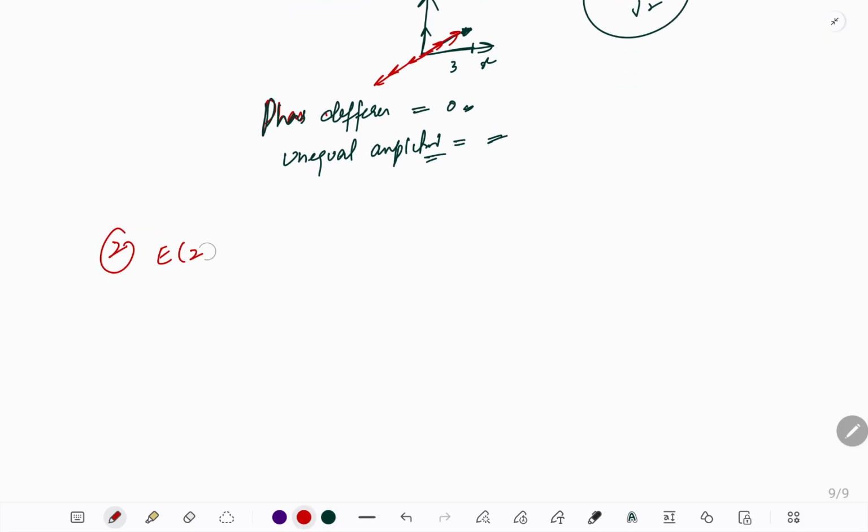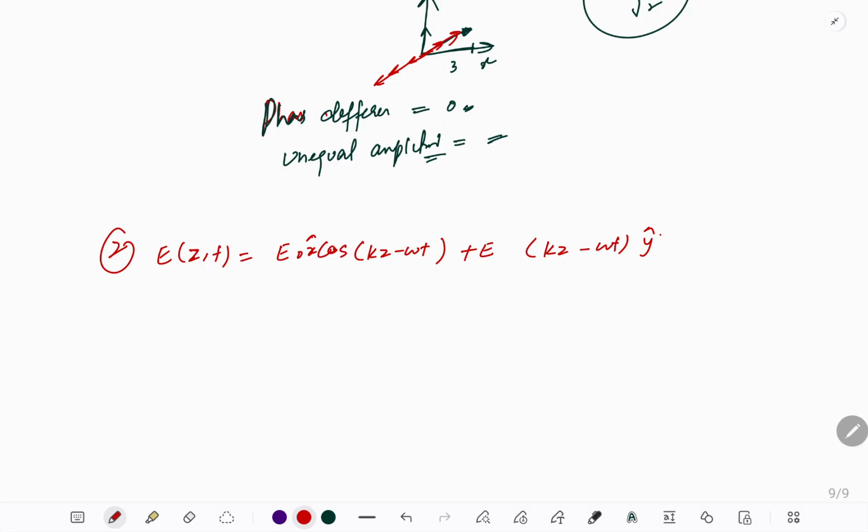E(z,t) equals E naught cos of kz minus omega t x cap plus E naught sine of kz minus omega t y cap. Let me write it properly.